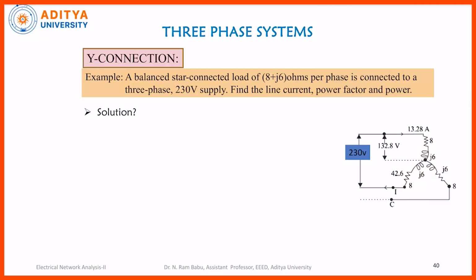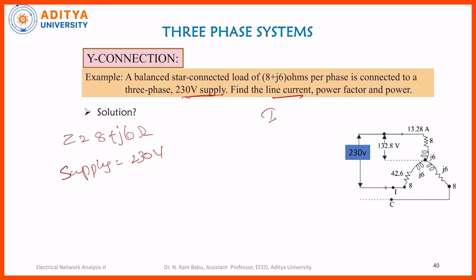First we will go to the numerical. The example is a balanced star connected load of 8 plus j6 ohms per phase. That means they have given the impedance Z equal to 8 plus j times 6 ohms, connected across a 3 phase supply, and the supply voltage is 230 volts.